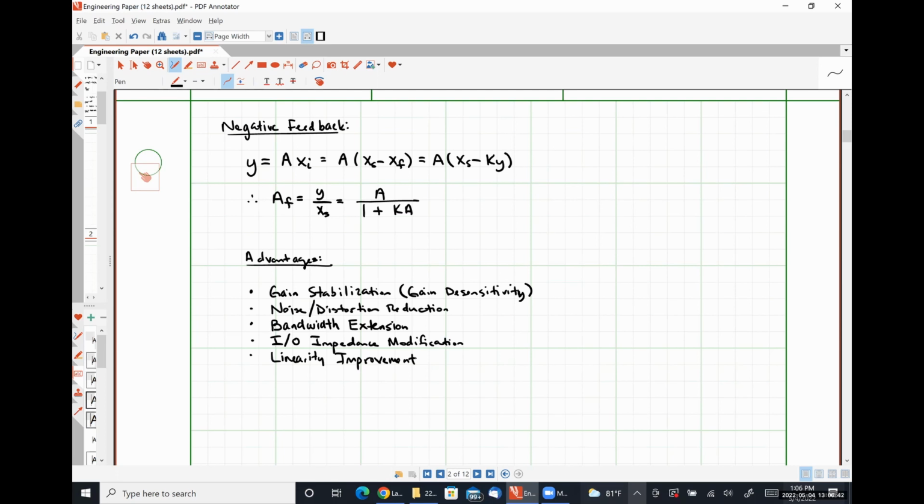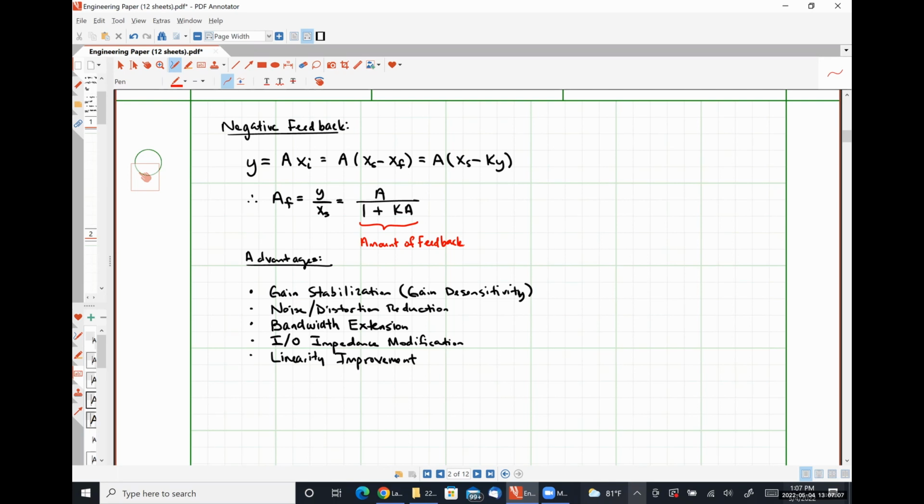Because it has 2 important things buried inside of it. The first important thing is this quantity 1 plus KA, which will be referred to as the amount of feedback.